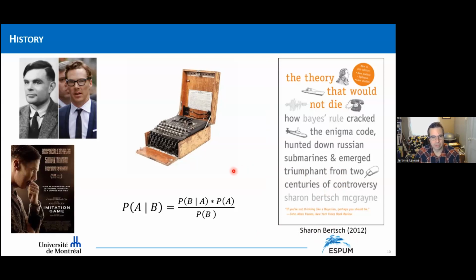Among others, the secret communication machines used by the German army during World War II were cracked thanks to Bayesian statistics, and it was related in a movie not very old called The Imitation Game, the biography of the mathematician Alan Turing. So it's a very nice book if you're curious, and probably you can get it for very cheap now.